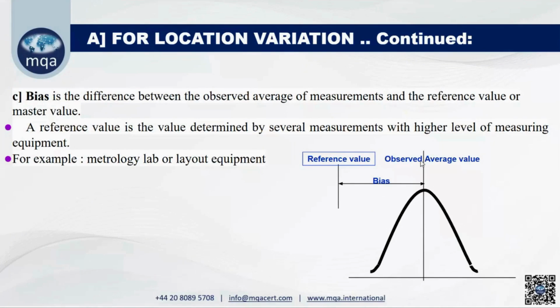So again, bias: this is the target value, this is the reference value. You see this? What is the meaning of reference value? It is the target where we want to be. But where are we getting our center? We are getting it away from the target. Our center should be here, but our center is here.